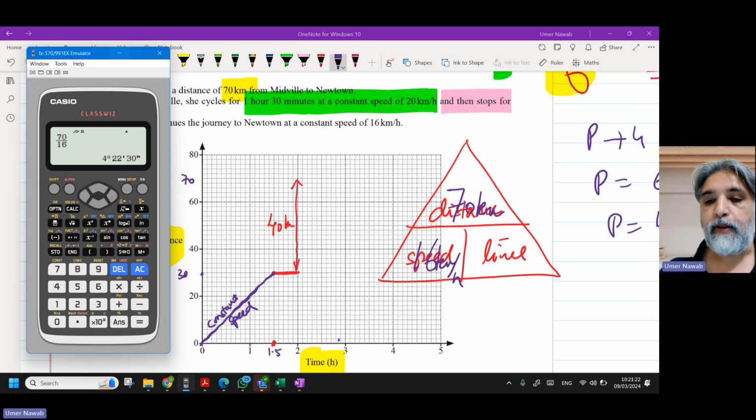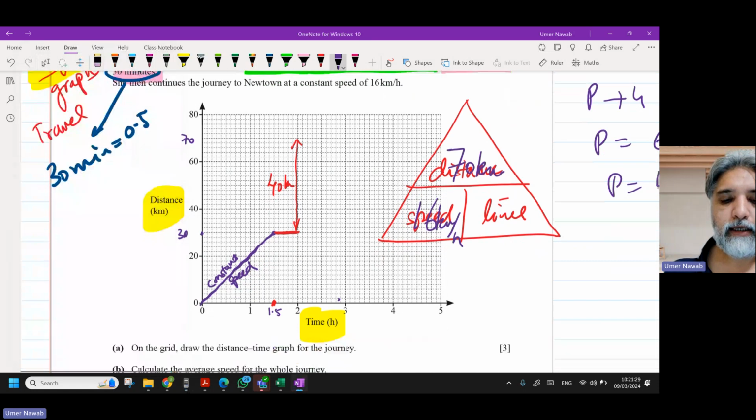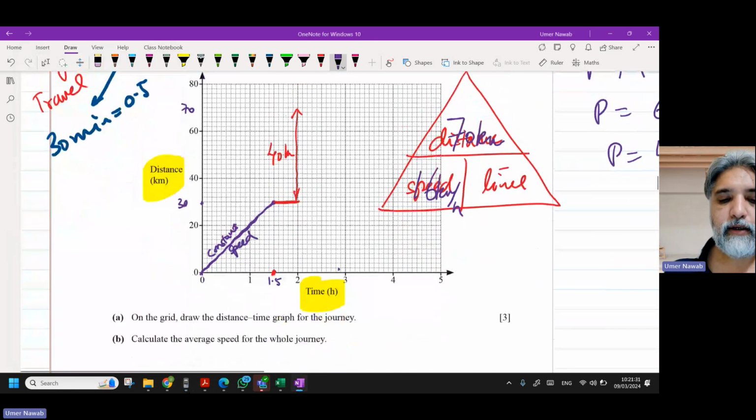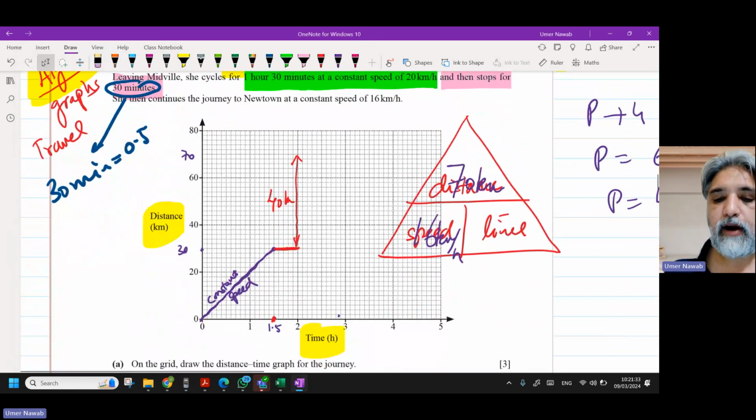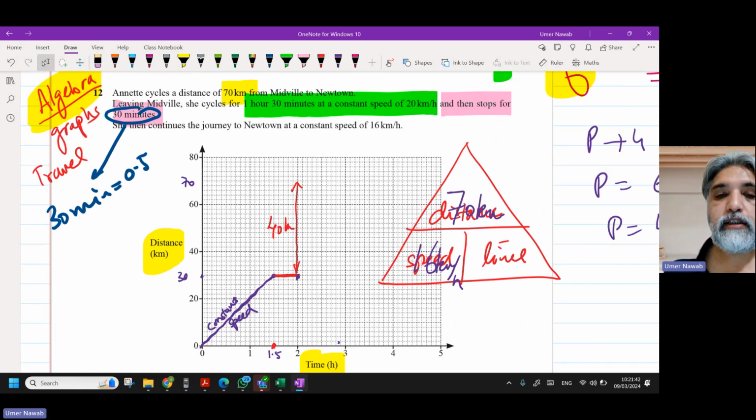You got my point? So as the graph, he said, draw the distance-time graph. From 2, you need to move on further. The total distance which is left now is 40 kilometers, and how much time is required? The speed is 16 kilometers per hour.